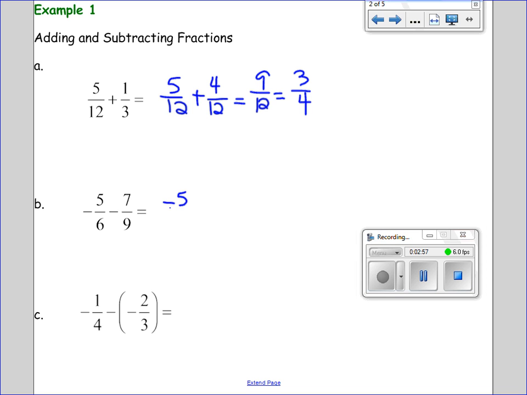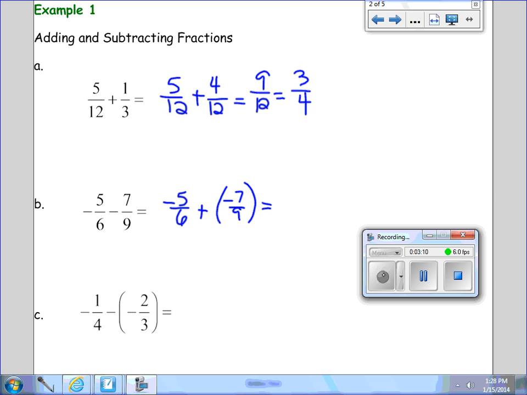In B, we're subtracting two fractions, and we'll use the same rules as we do with subtracting integers. We're going to add the opposite. Now we're going to find the least common denominator for 6 and 9, which is going to be 18.